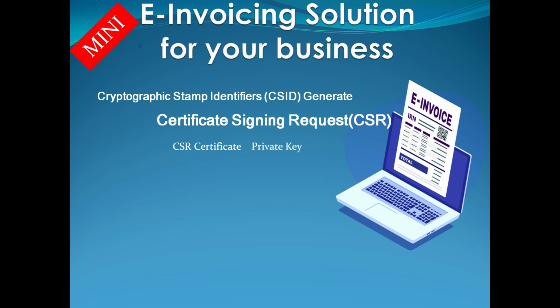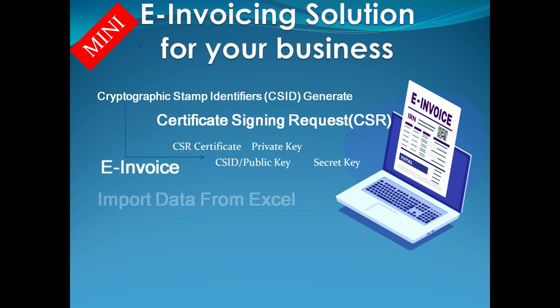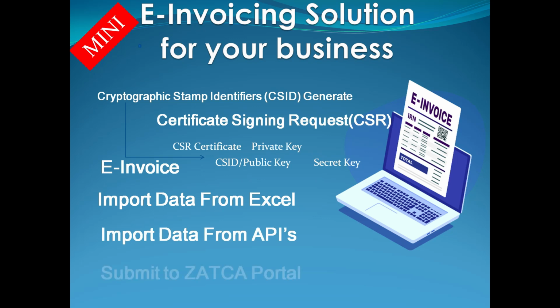Using the CSR certificate and private key, the system will again generate one public key as well as one secret key. Another section is creating an e-invoice, and the next section is importing data from Excel. The other one is importing data from APIs, and last but not least, submitting to the Zatca portal.